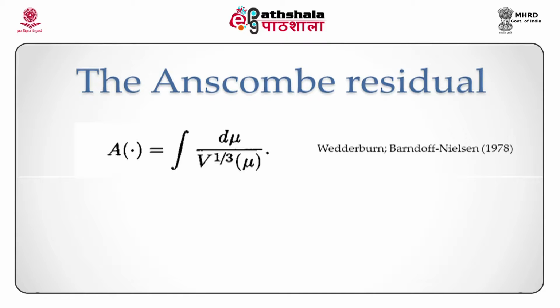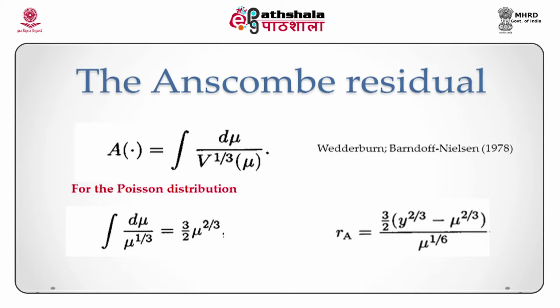Thus, for the Poisson distribution, since the variance function is given by V(mu) equal to mu, the function A is given by the integral of d mu by mu to the power 1/3, which is equal to 3/2 mu to the power 2/3.